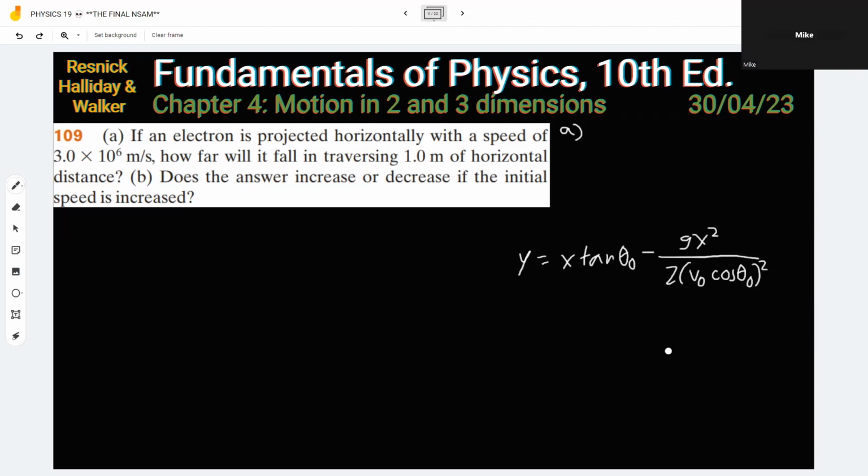Okay. Hindi ka ba nagkakaroon ng memory fatigue with memorizing so many things? Kasi for example, dito sa uniformly accelerated motion, yung basic kinematic equations, kaya mo nang i-derive lahat ng kailangan eh.